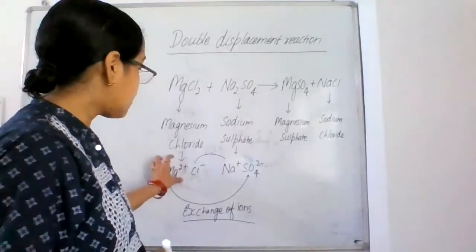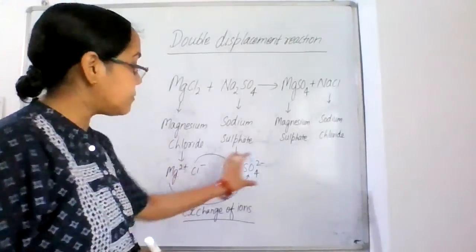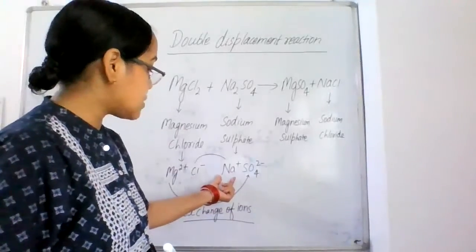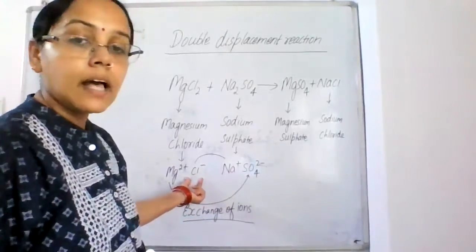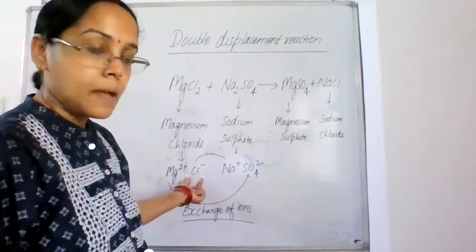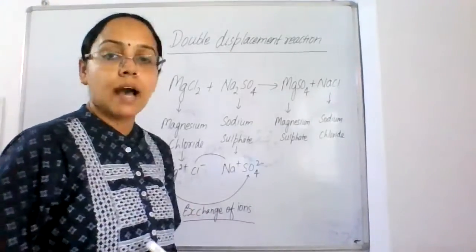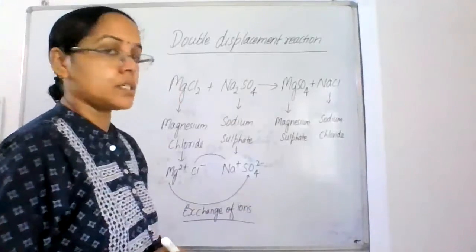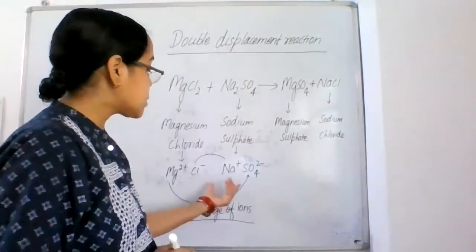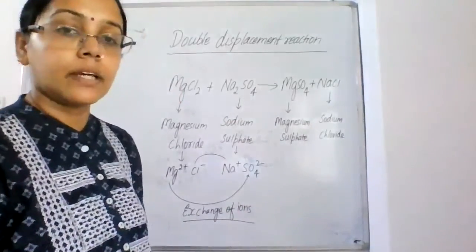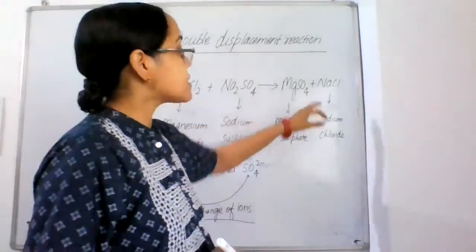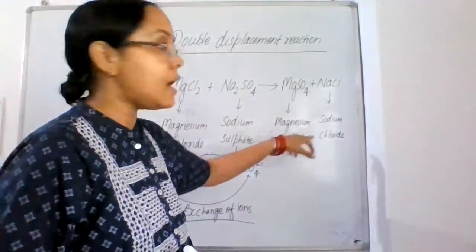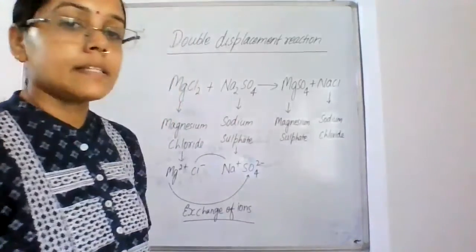The positive of the first salt has combined with the negative of the second salt, and the positive of the second salt has combined with the negative of the first salt. Due to the new combination of ions, two new salts are formed. The first one in this case is magnesium sulfate, and the second one is NaCl.